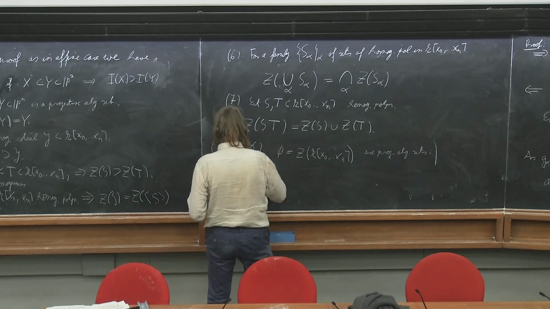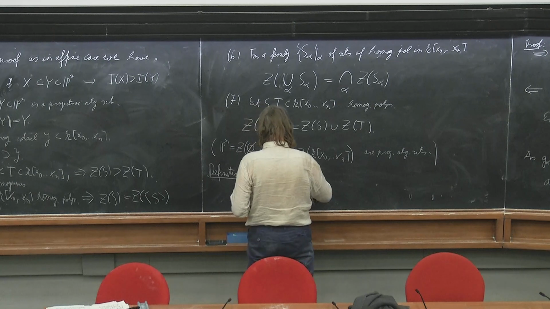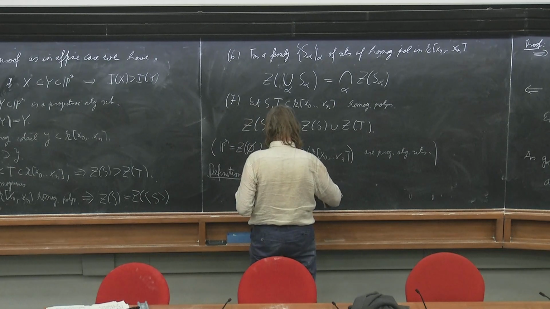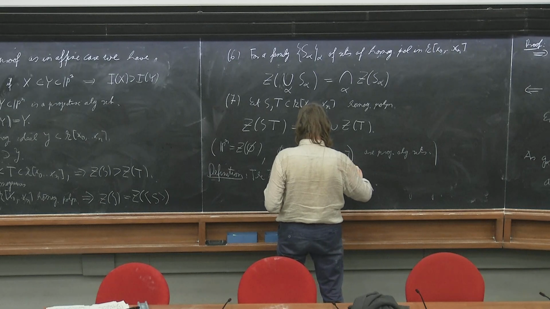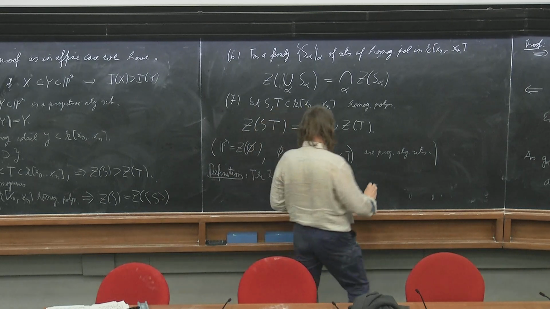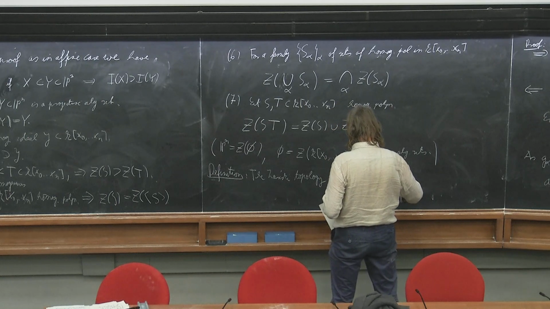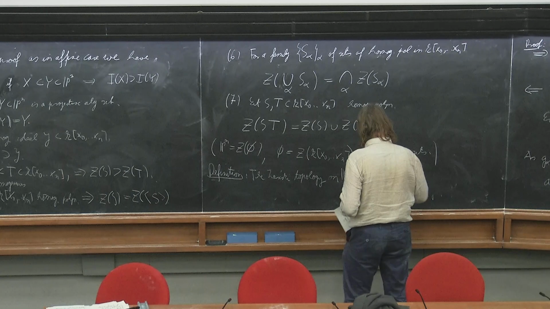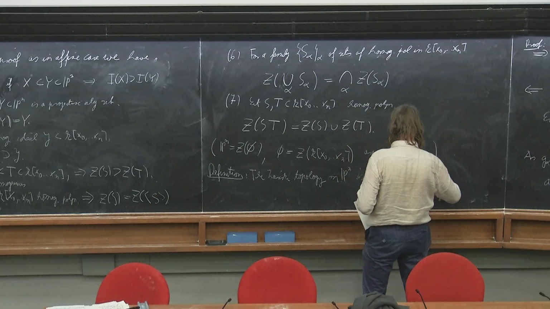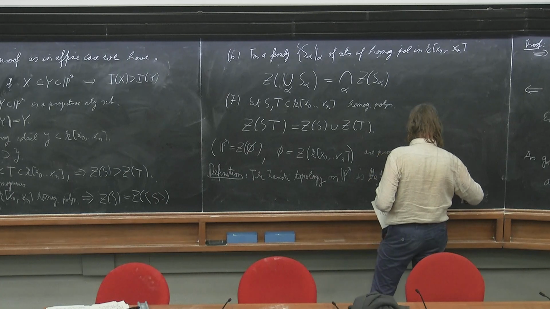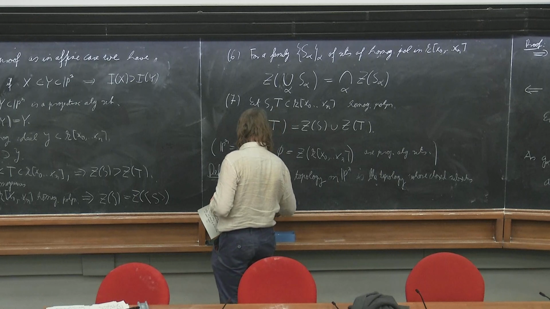So the Zariski topology on Pn is the topology whose closed subsets are the projective algebraic sets.